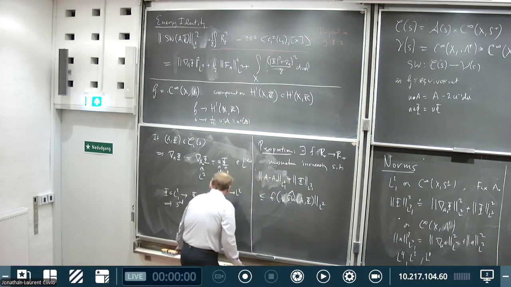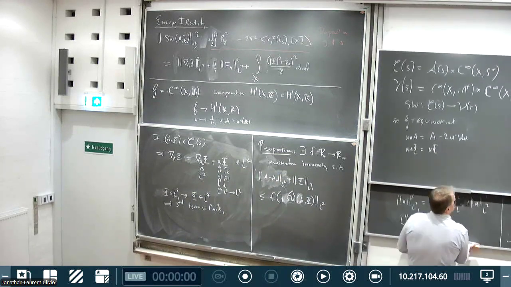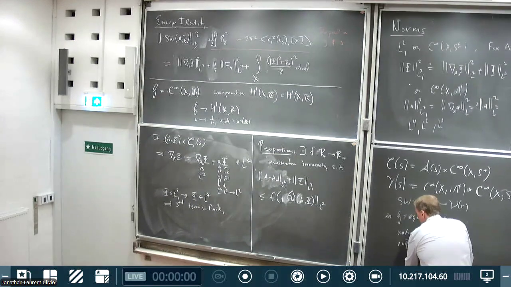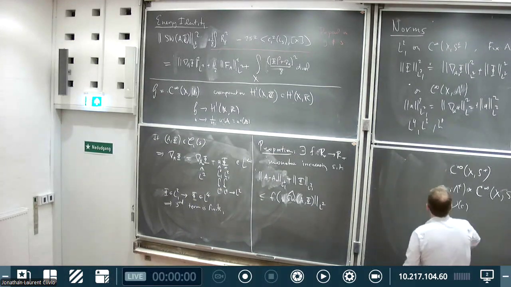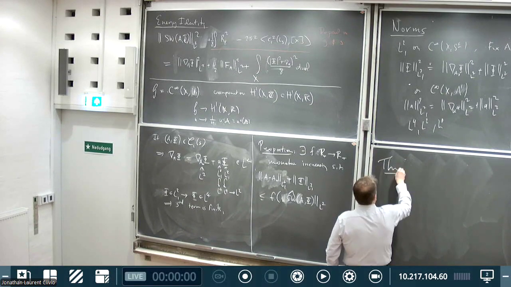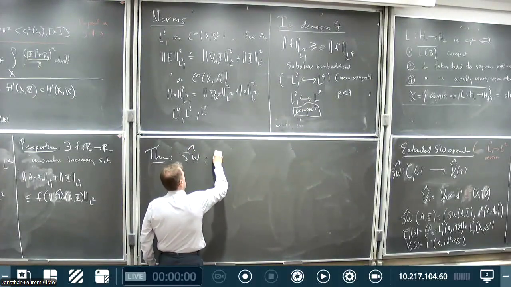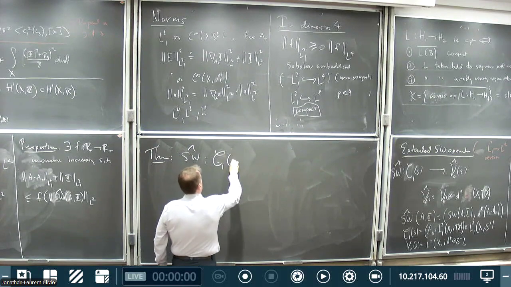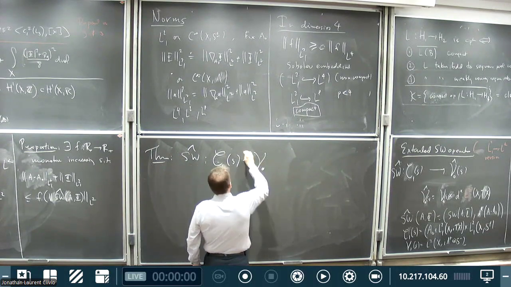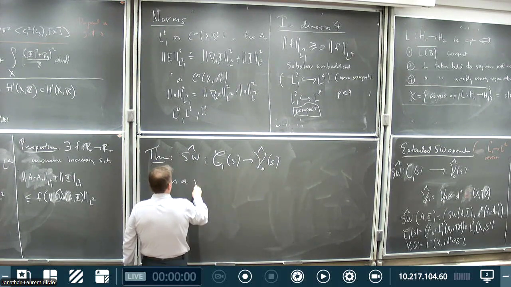And now we are in a position to prove the properties. The extended Seiberg-Witten operator from C1 of S to B0 of S is proper.